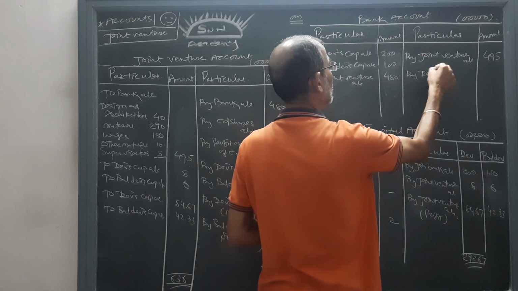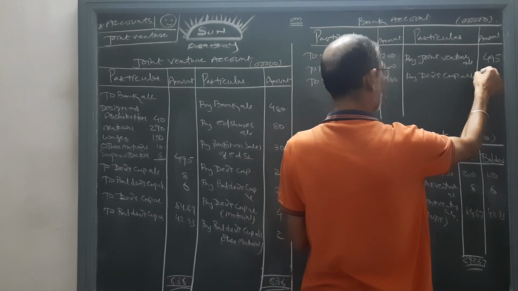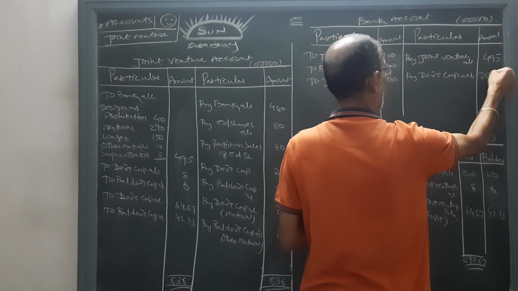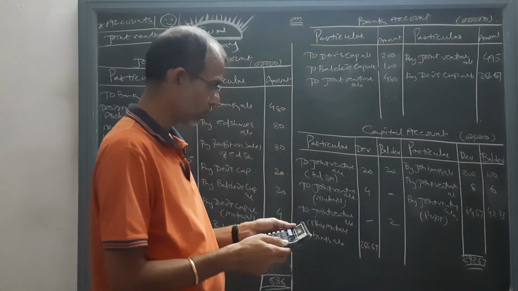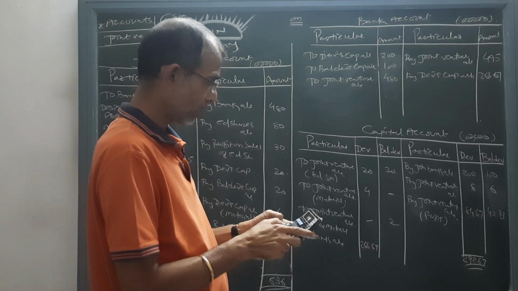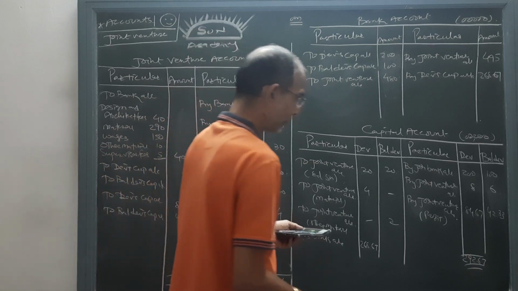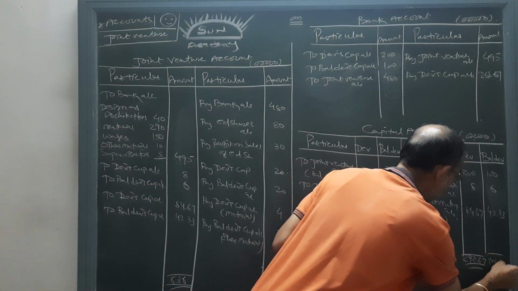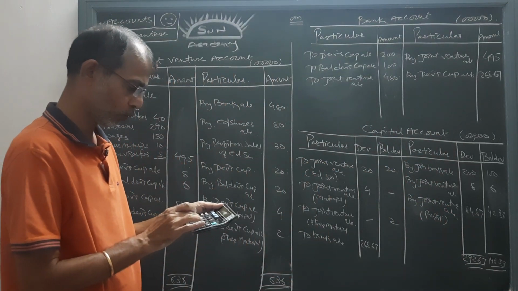by Dev's capital account 268.67, while Baldev will receive 148.33 minus 22.